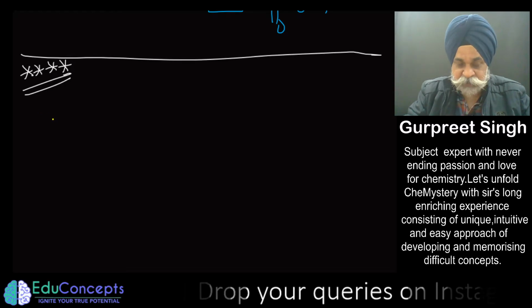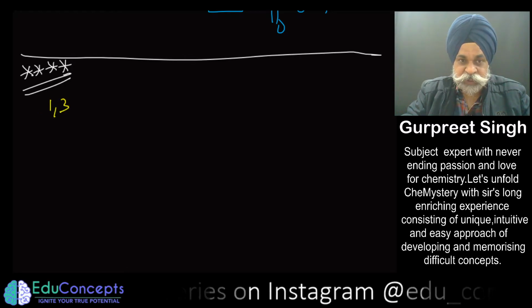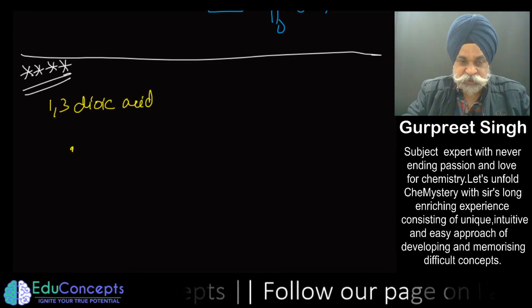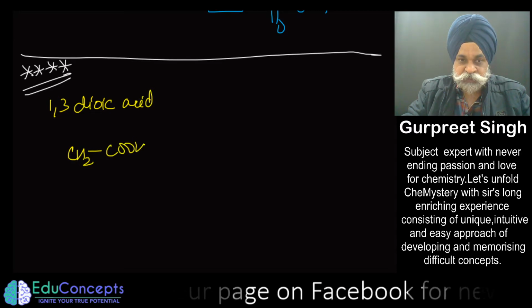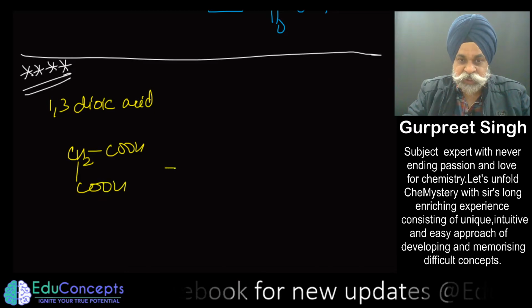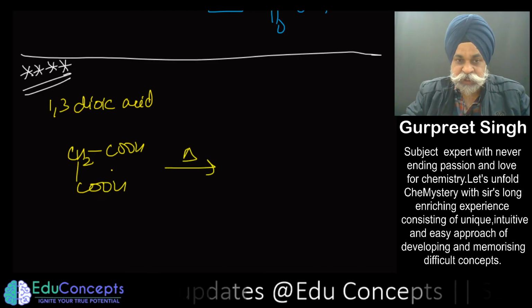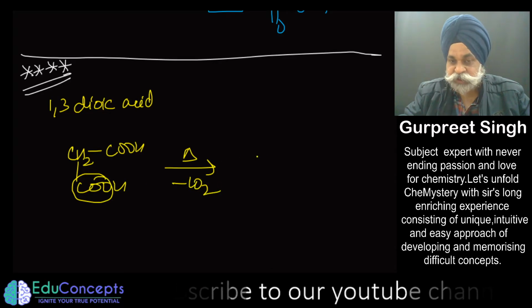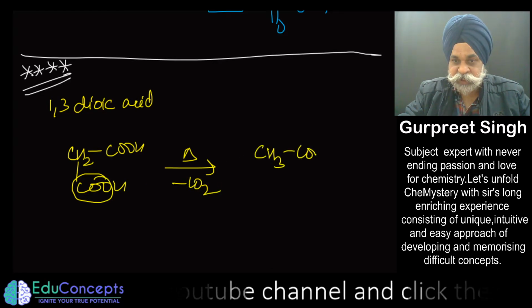First let me explain the case of 1,3-dioic acid. When you see a 1,3-dioic acid and you heat it, it simply loses carbon dioxide. This is decarboxylation simply on heating, and you end up getting carboxylic acid.